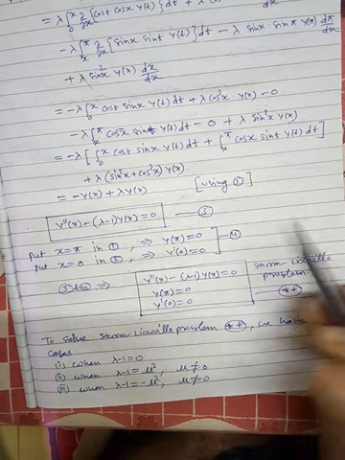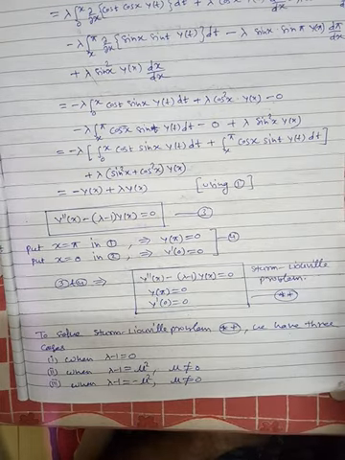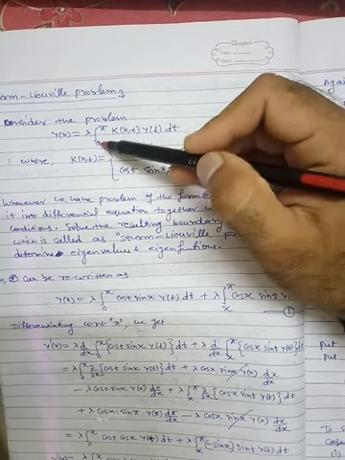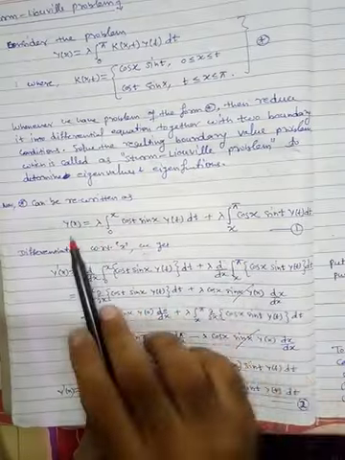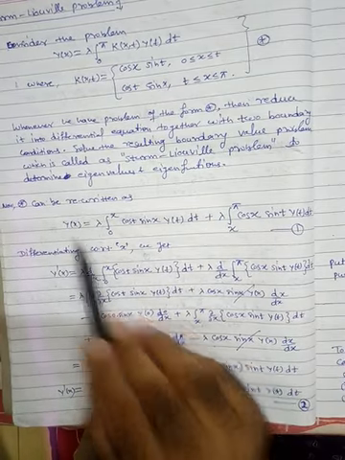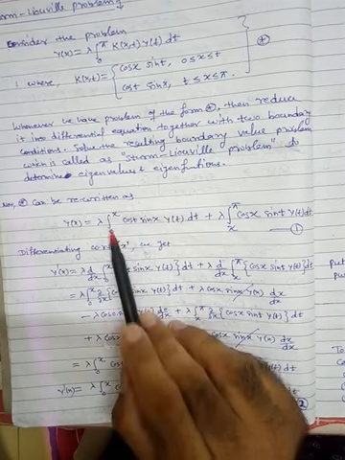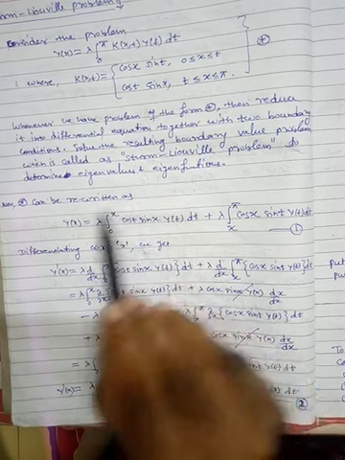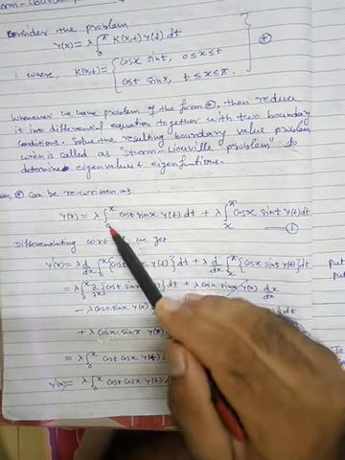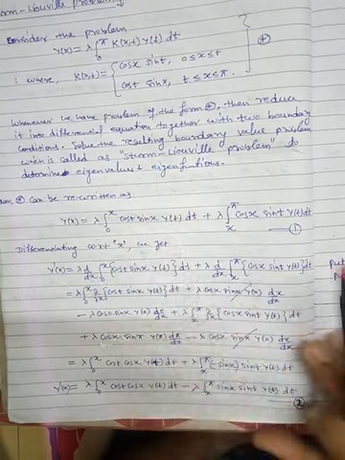So now here, how to solve this problem? To solve this problem, first we will find out the boundary conditions. Fine. So according to this, the boundaries are 0 and pi. So first substitute y at 0. What will you get? Y at 0, this will give you integral from 0 to 0. So when both the limits are the same, ultimately this integral will be 0, because initial and final points are the same. So obviously 0.